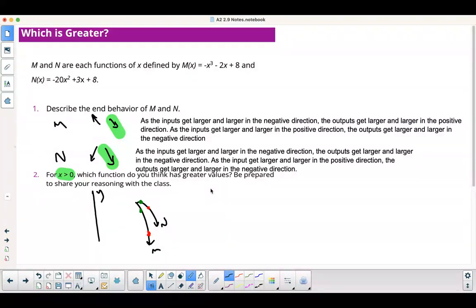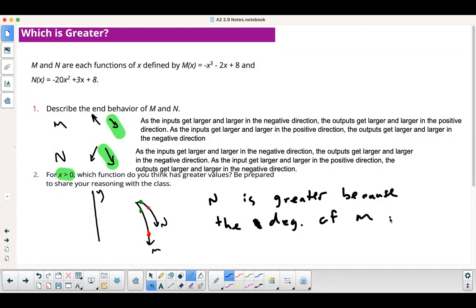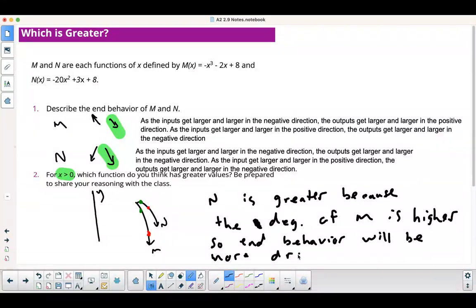So I would say N is greater because the degree of M is higher. So M's behavior will be more dramatic. I say dramatic, I mean steeper, I guess.